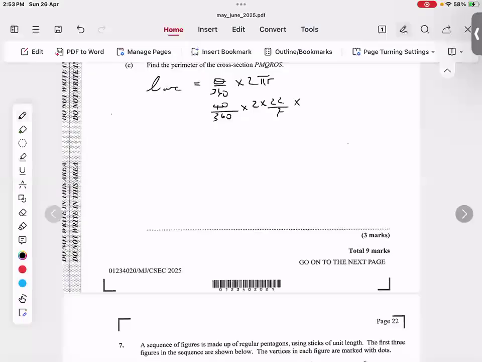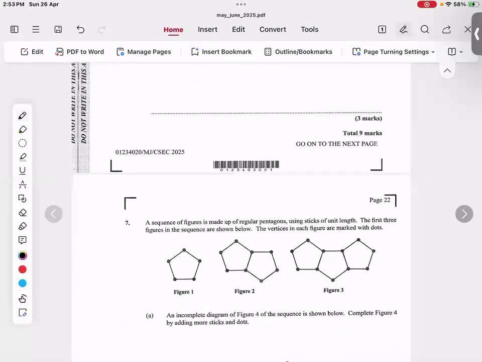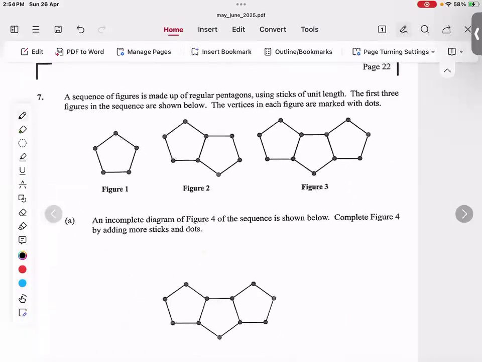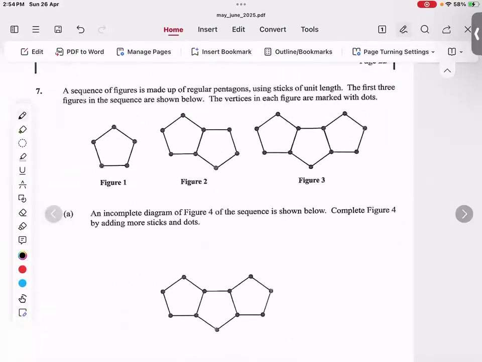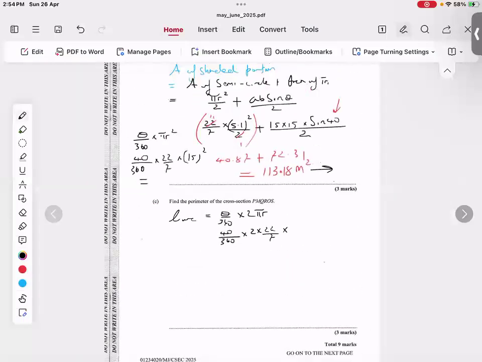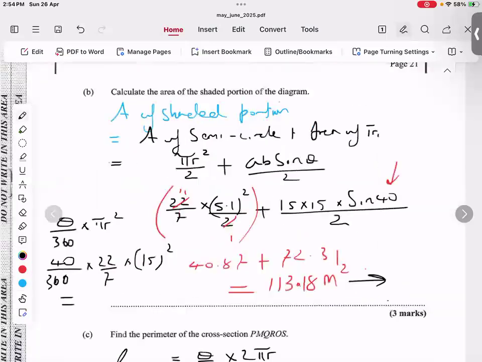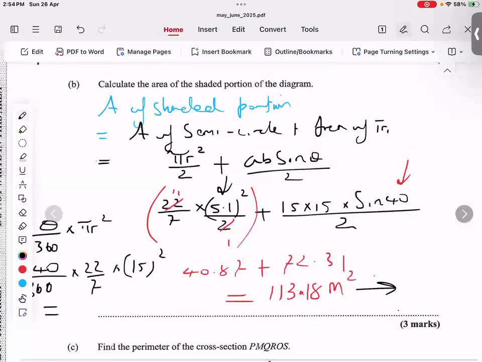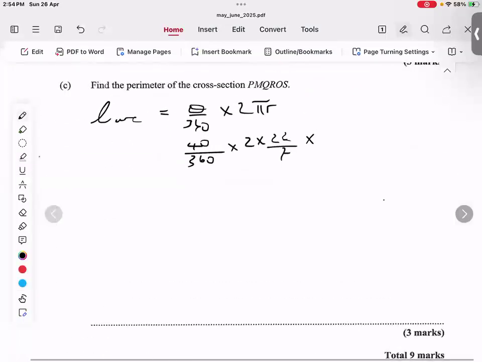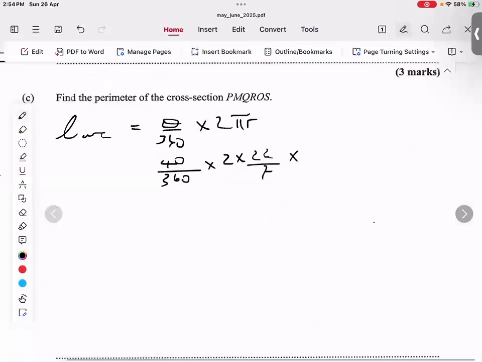Look at the green shape, people. The green shape is the sector. So we need the radius of the sector, the bigger piece, not the radius of the semicircle. We used the 5.1 up there because we were finding specifically the area of the semicircle. So it's going to be 15 right here.